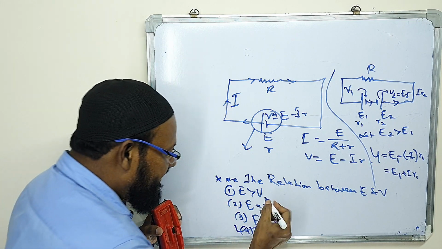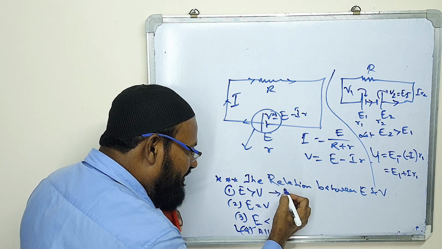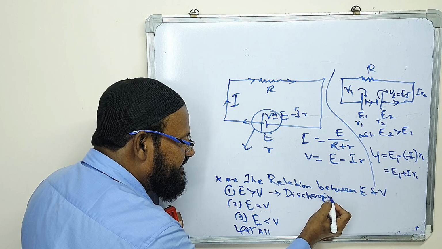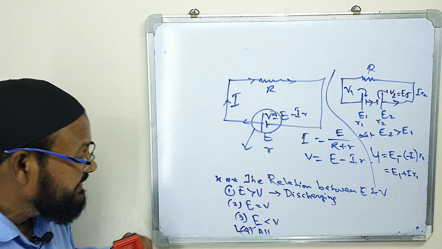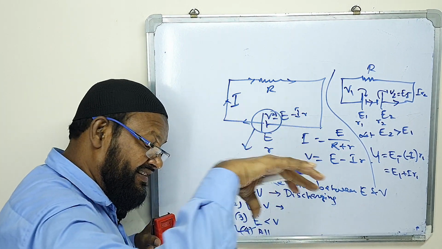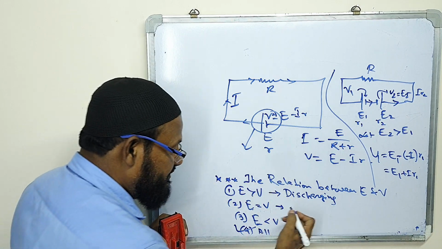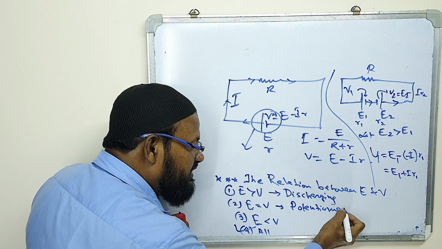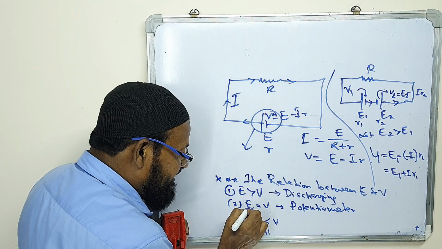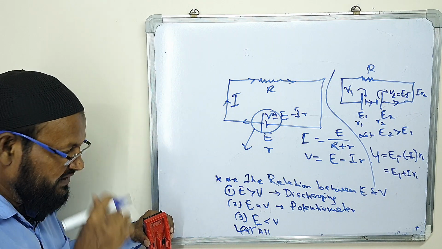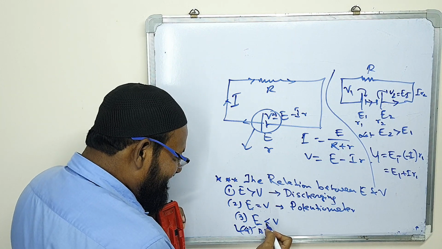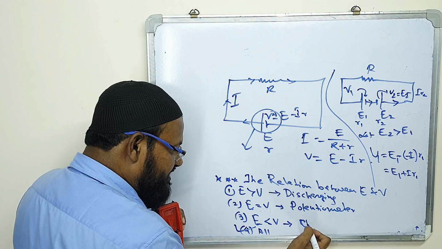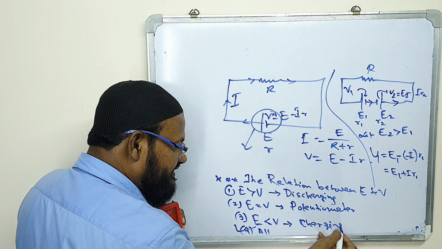In this case, be careful, this is discharging. During discharging, E is greater than V. E equal to V is used in a special case, the potentiometer, which I will discuss later on. And E less than V is charging.